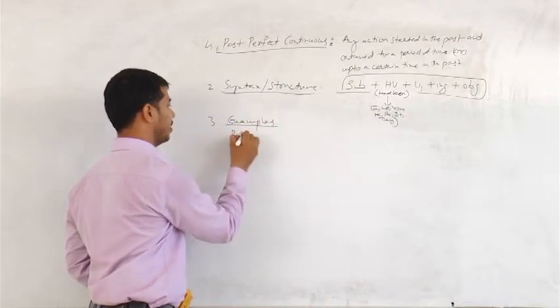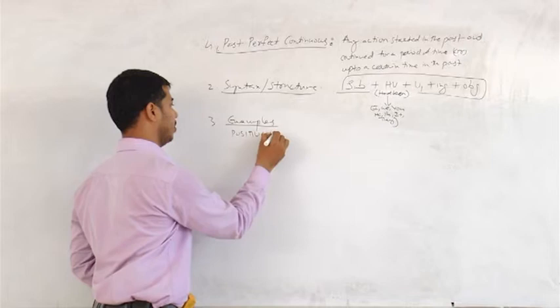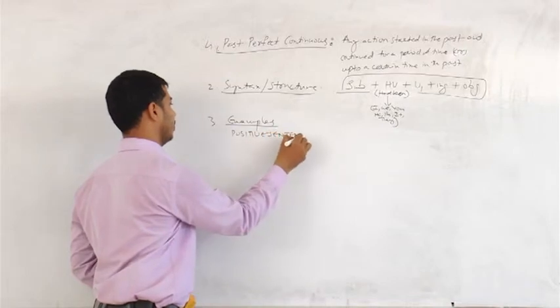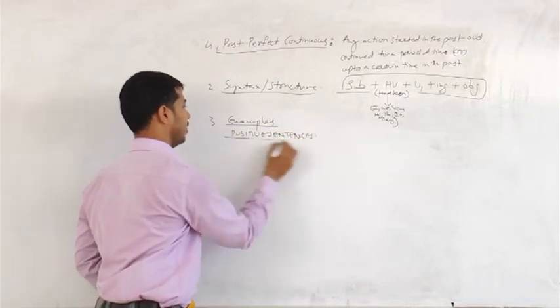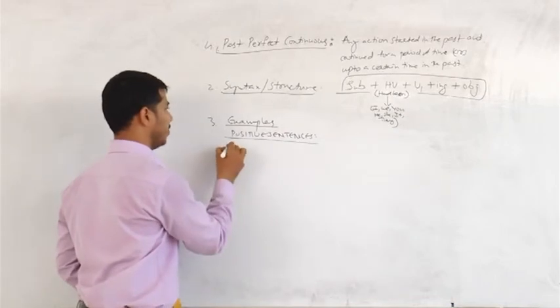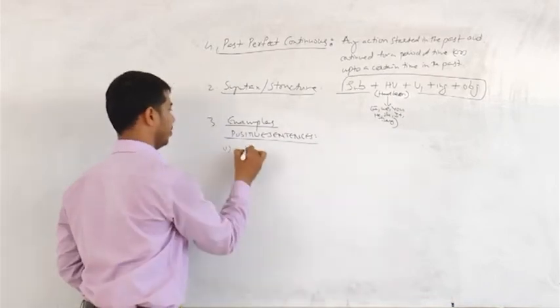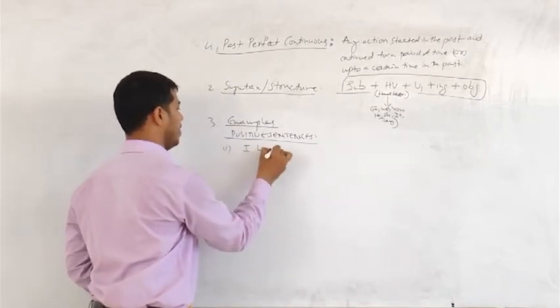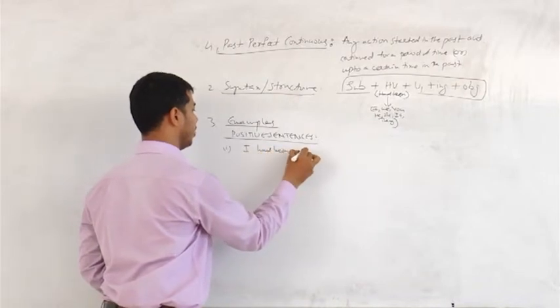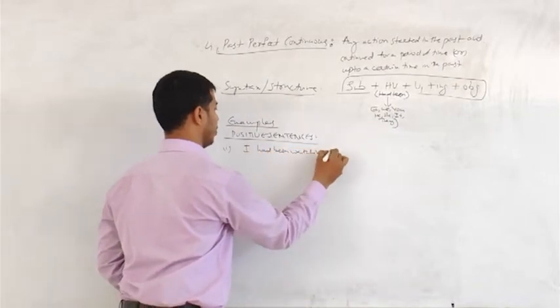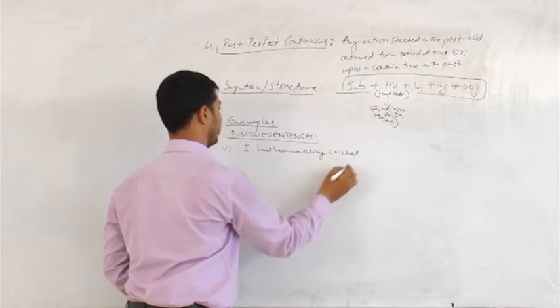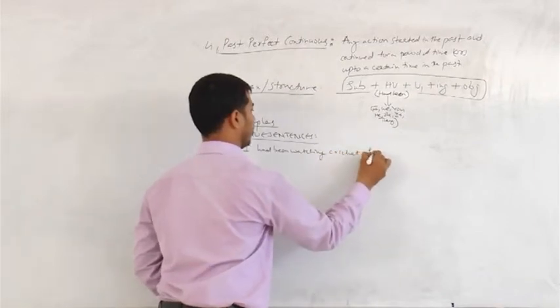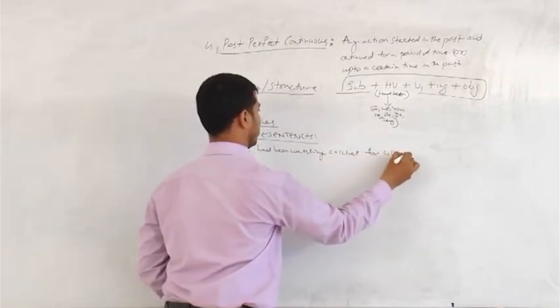Let us see positive sentences first. I'll start with I. I had been watching cricket for 4 hours.